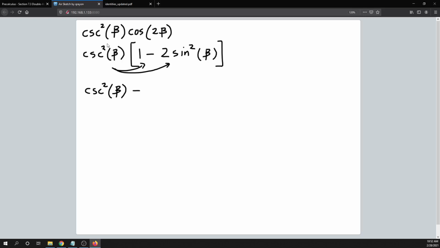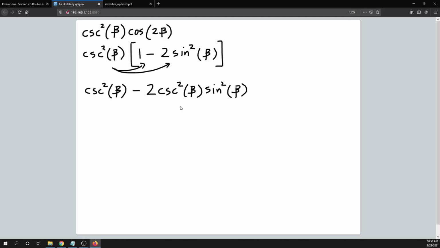And then when I multiply cosecant squared beta times 2 sine squared beta, I'm going to get 2 cosecant squared beta times sine squared beta.